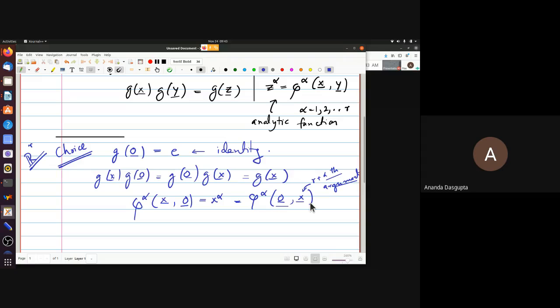So what I'm trying to say is the function cannot be arbitrary. There would be some very important restrictions which come in because of the group structure, and all the algebra that we are going to do essentially follows from these kinds of restrictions.